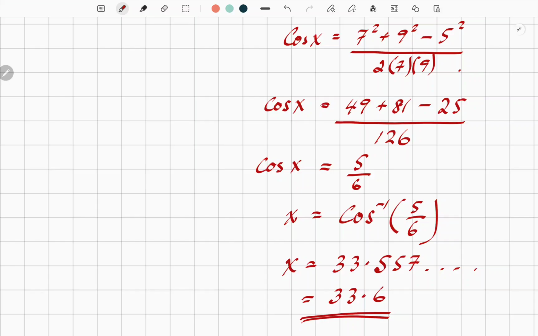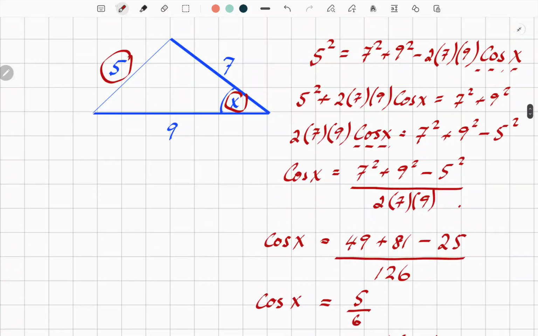All right. Now, what we've achieved here, if I go back to the original, we can just say what the formula is. Let's say we want to call it angle A. Cos A equals the other two sides, B squared plus C squared minus the side, remember the 5 squared, that's the one that corresponds to the angle, angle X in this case.